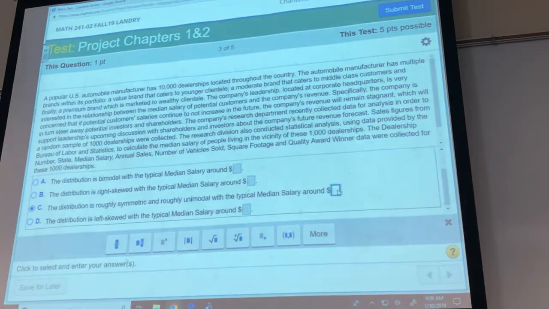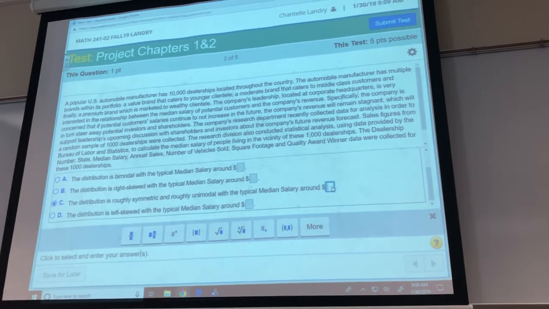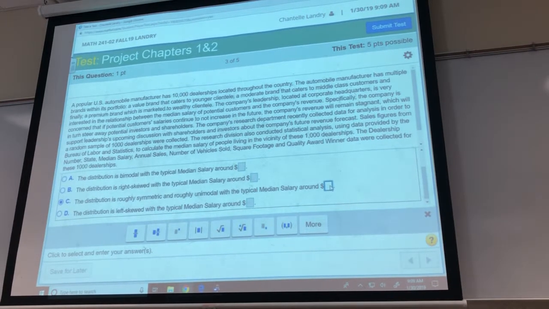Not in this case, because that's not the answer here, but for number 3, your typical salary will be your approximate mean and median. So just check what both of those are. Find a number that's close to both of them and put it in.